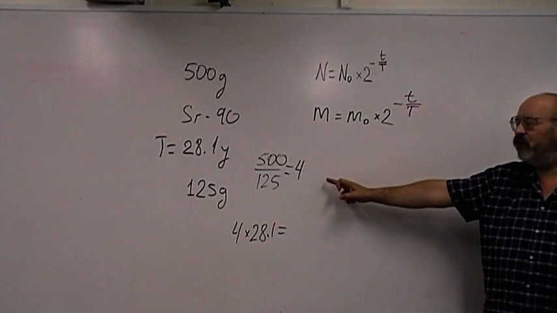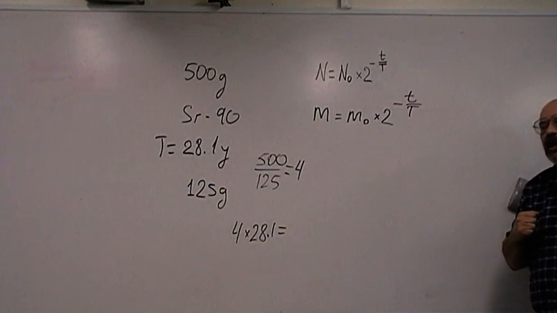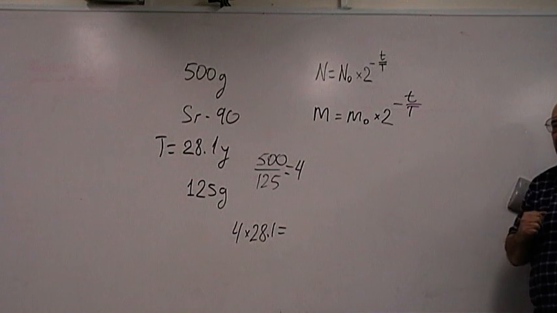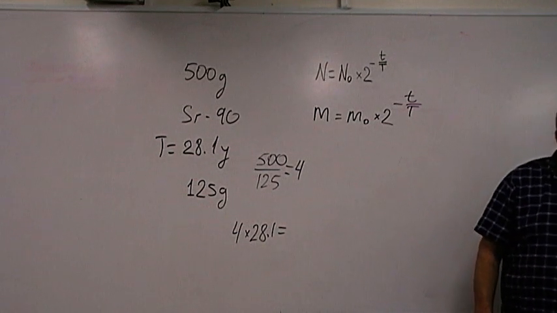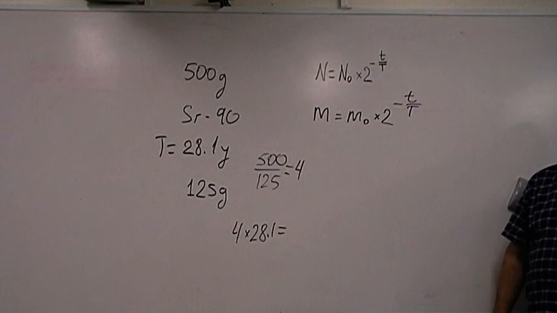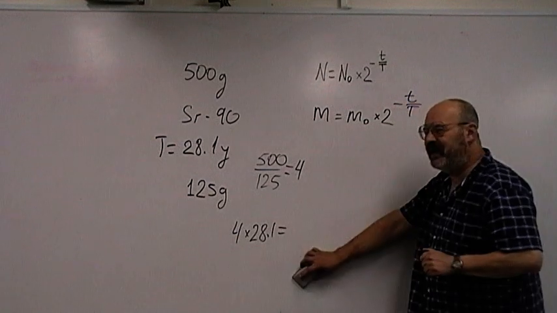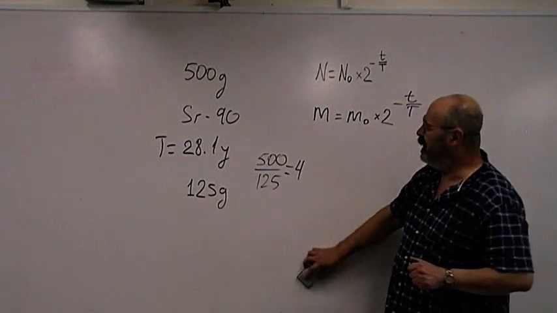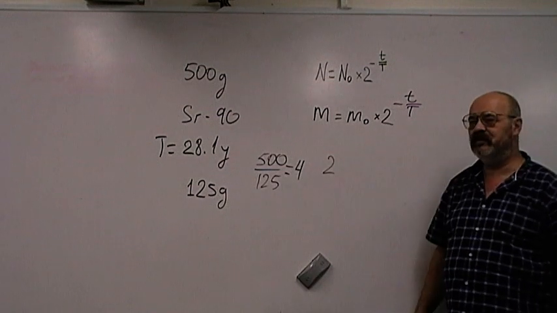It's 4 times smaller. So it becomes 4 times smaller. How many times do we divide by 2? Thank you. It's good that at least someone is following what we're talking about. This is 4, and 4 is 2 to which power? 2.